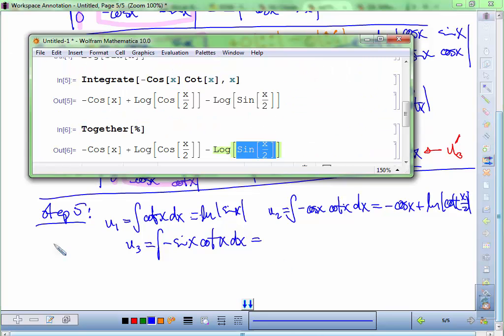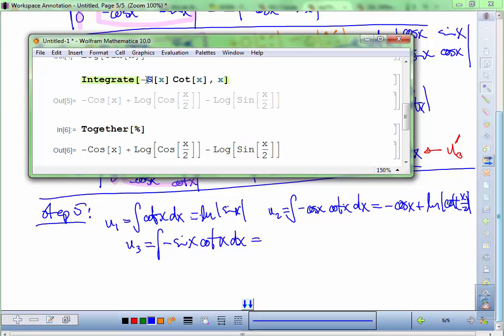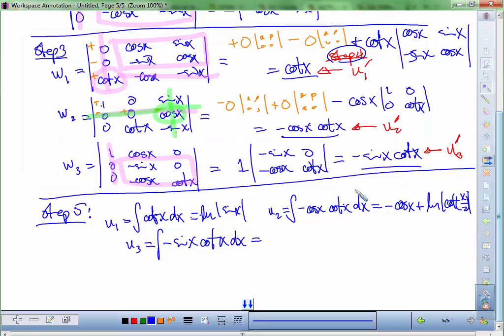Cotangent is cosine over sine, so the sine x cancels with the sine x. It will be minus cosine x, and the antiderivative will be sine x only.